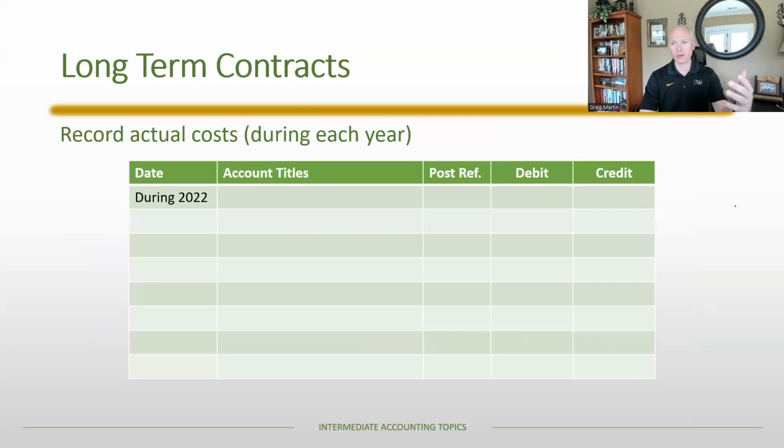So throughout the year, you're incurring costs, right? So you're paying employees, suppliers are providing materials to you. All these different things just occur all the time. With any one of these costs that's related to a project, if I'm assigning the cost to a project, I'm going to throw all of that into our construction in process or construction in progress account.